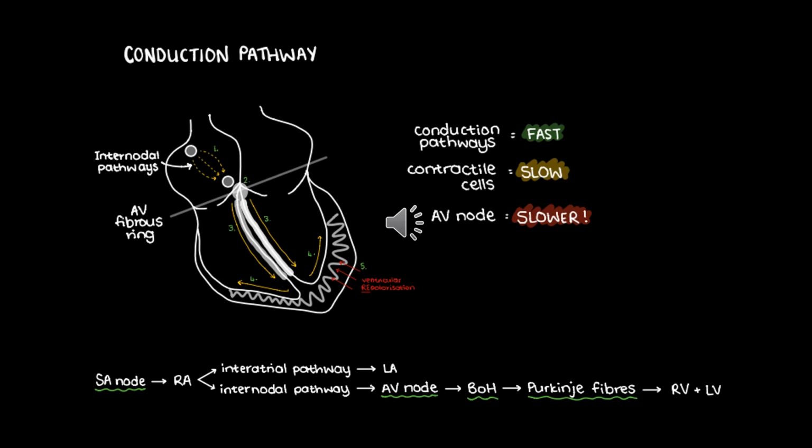Now, I've been talking about action potentials, and you might be wondering, or you might not, what exactly is an action potential and how does the SA node and all the other structures generate it? Well, an action potential is different for the different cells of the heart.